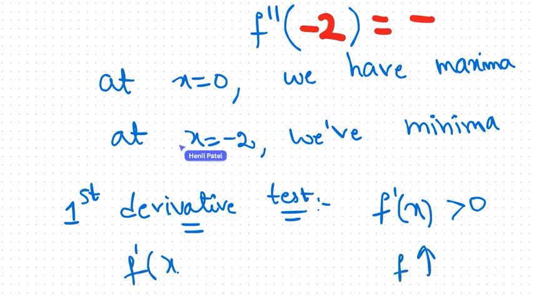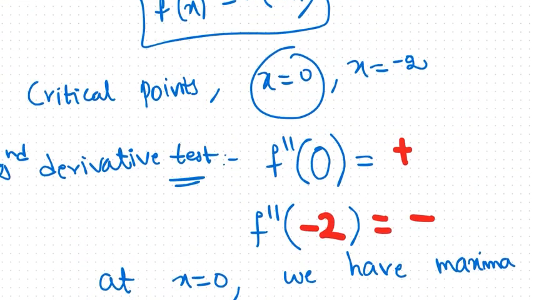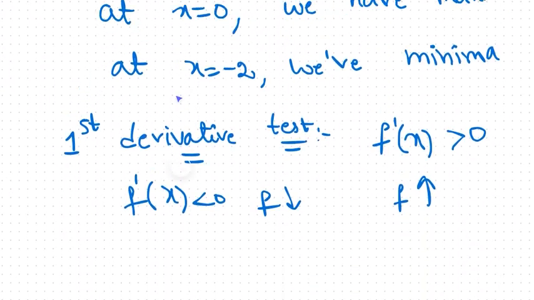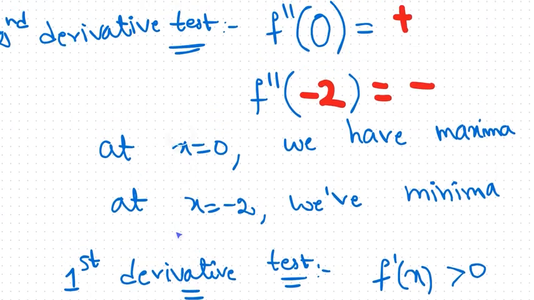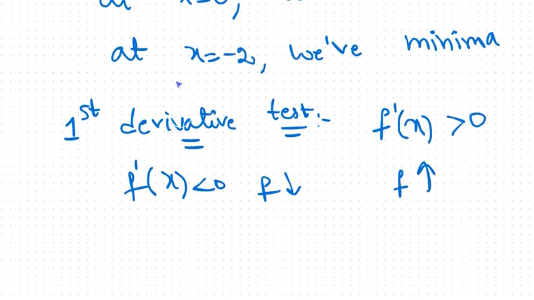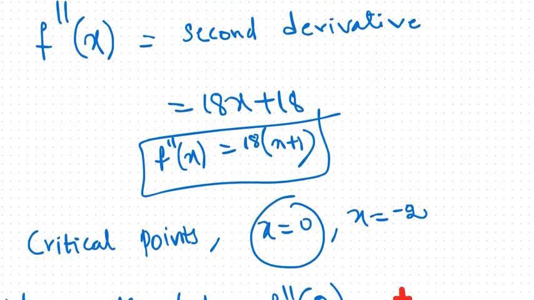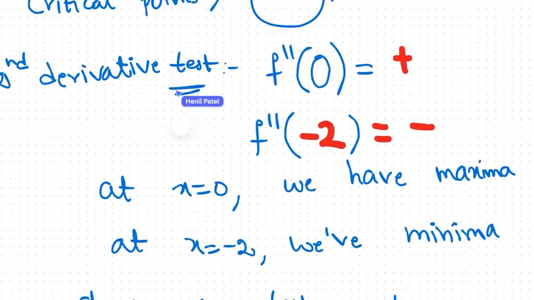If f dash of x is negative, the function is decreasing. This is called the first derivative test. And that is about the second derivative test. So that's about the application of derivatives. There are minor topics left.